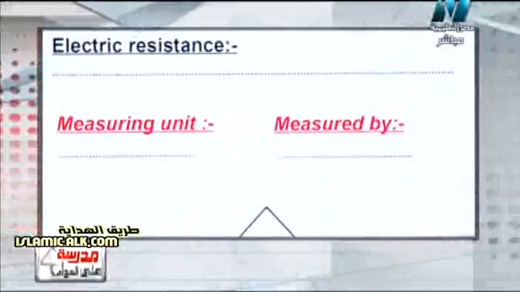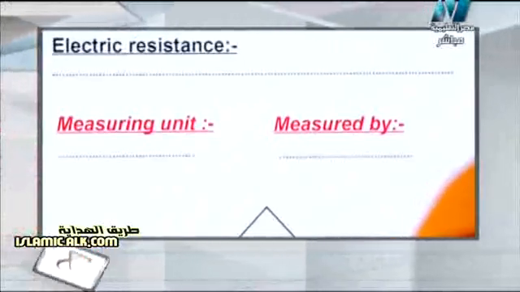According to resistance, we will start the first point in this episode. Let's start with electric resistance. As we have here, dear students, on the monitor, let's talk about electric resistance. What is meant by electric resistance, dear students?